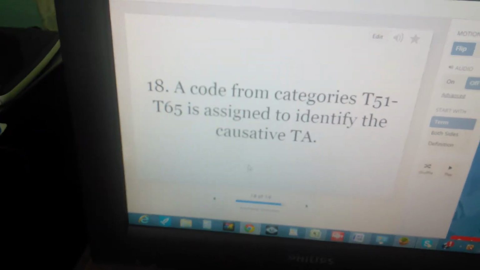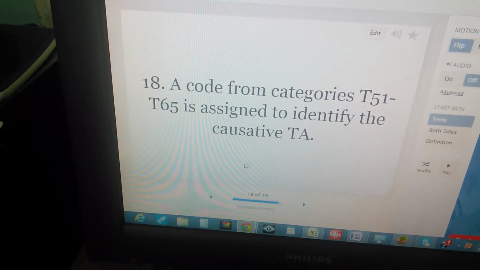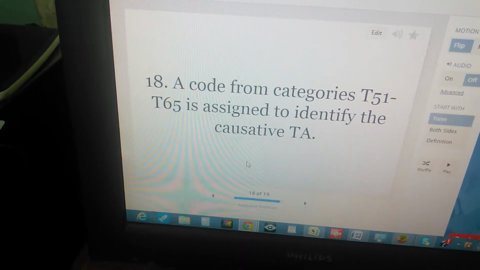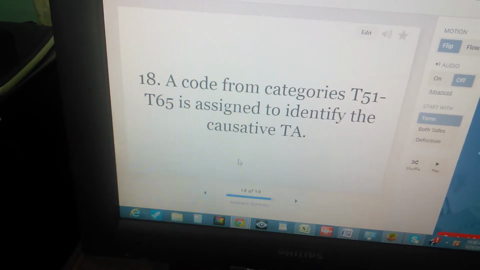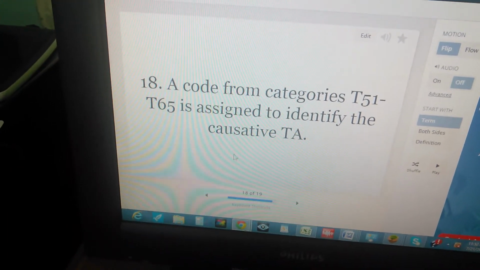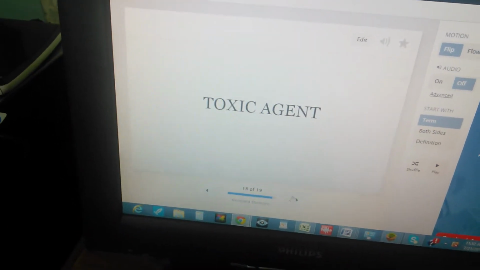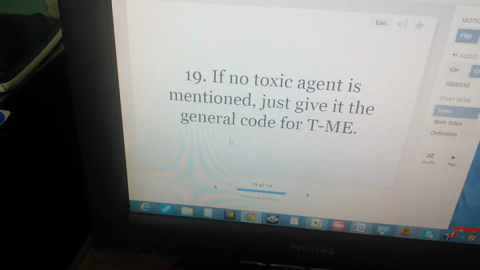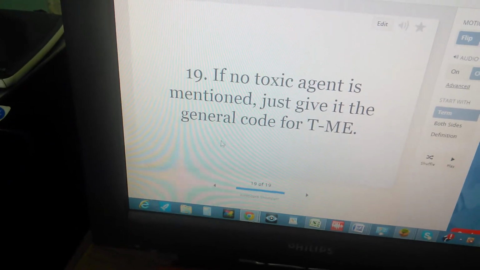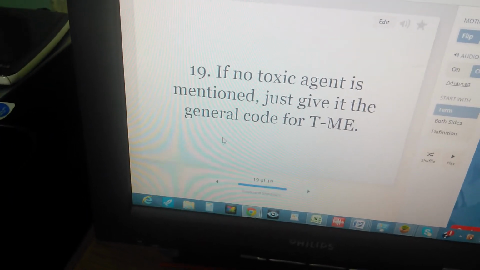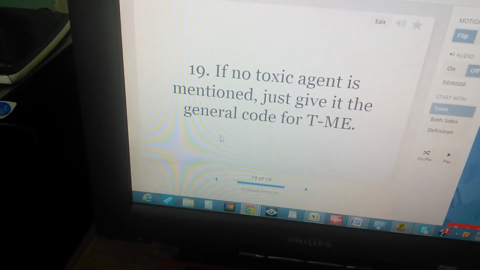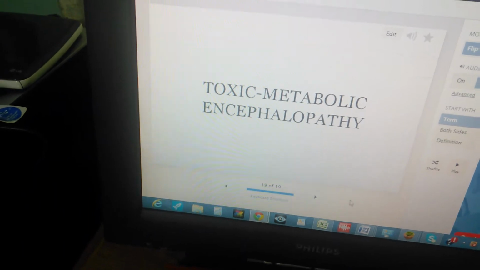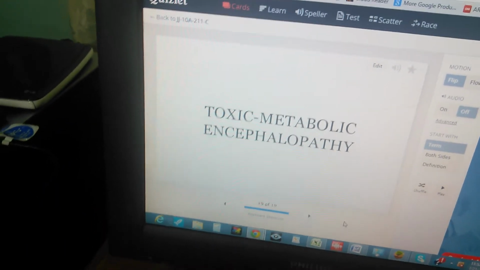A code from categories T51 through T65 is assigned to identify the causative TA... Toxic agent. Okay. Oh, one more. I'm sorry. 19. If no toxic agent is mentioned, just give it the general code for T-ME... Toxic metabolic encephalopathy.